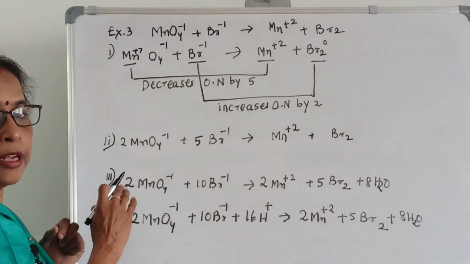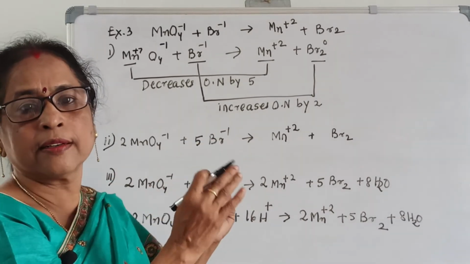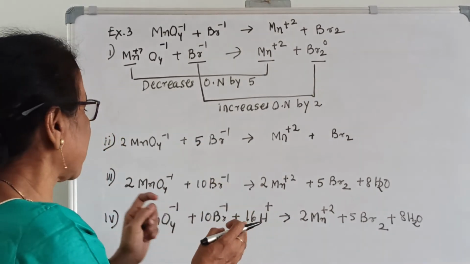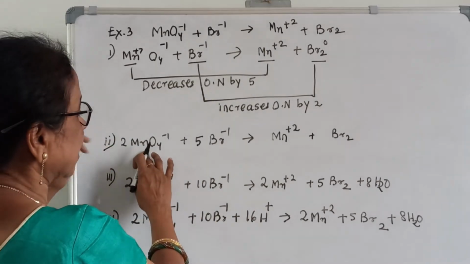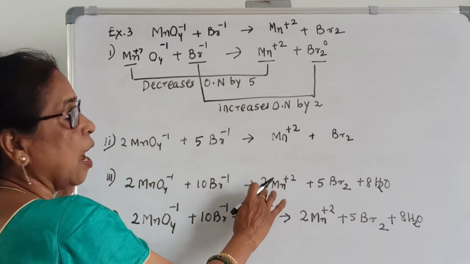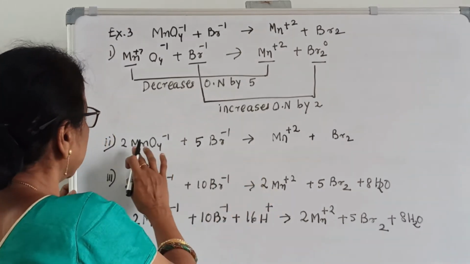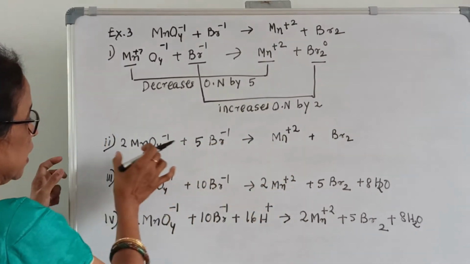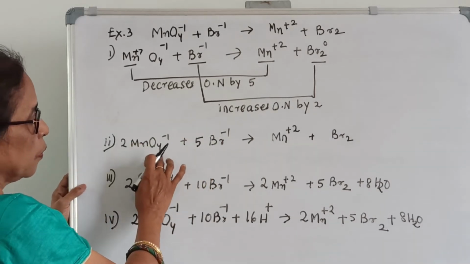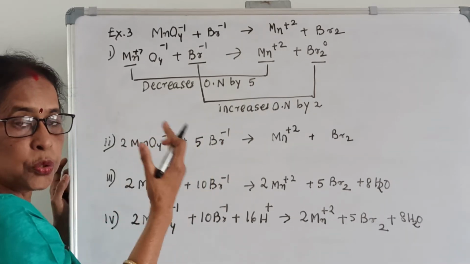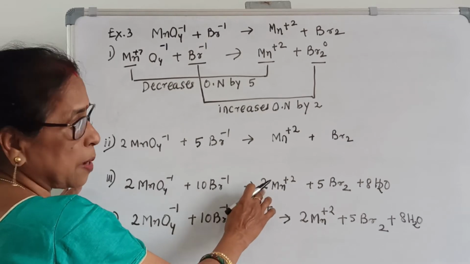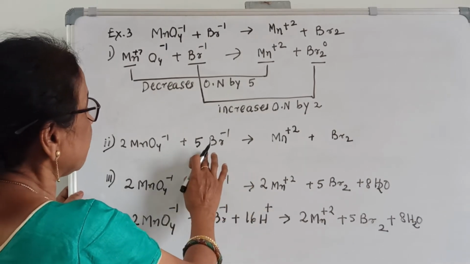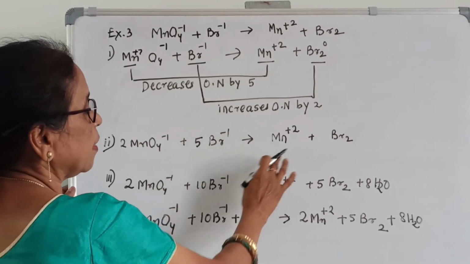After that you will balance both sides, that is reactant side and product side. Now 2 Mn is there, and here that is why I will put 2, because already 2 MnO4 is in this line. Here 2 MnO4 minus 1, and Mn is 2 times, that is why I will multiply by 2. And here 5 Br minus and Br2.